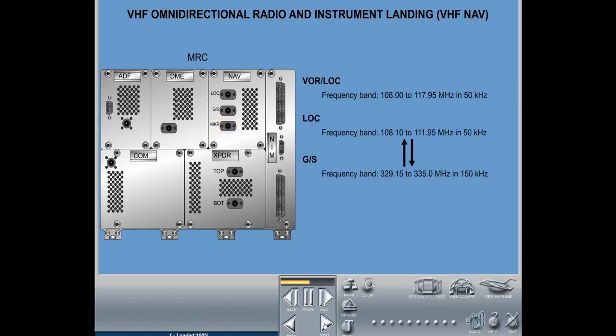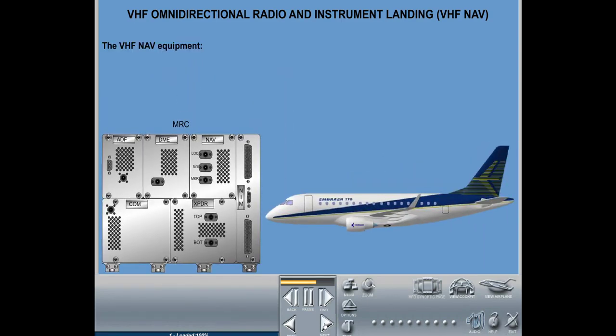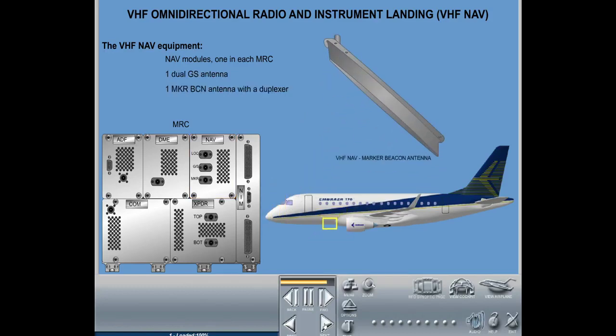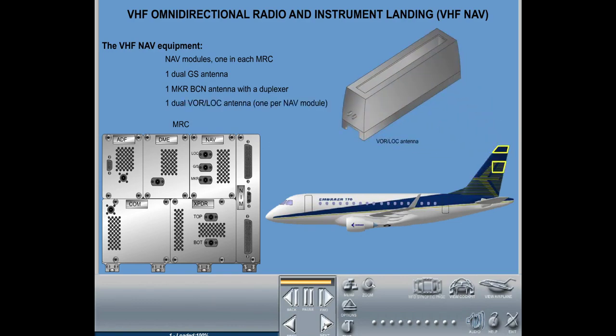The receiver system automatically pairs localizer and glide slope channels to assigned frequencies. The VHF NAV system consists of two NAV modules, one in each MRC, one dual GS antenna, one marker beacon antenna with a duplexer, one dual VOR localizer antenna, one per NAV module.